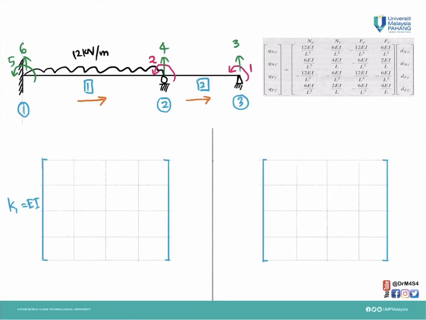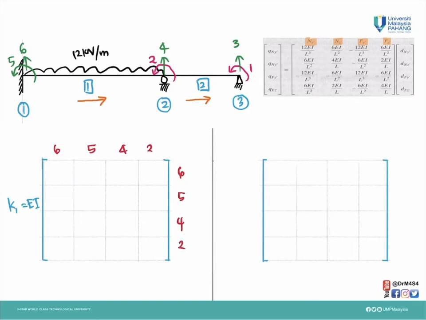For member 1, always remember our near Y, near Z, for Y and for Z. So now we have to do numbering. For near Y, 6, 5. For member 1, 6, 5, 4, 2. 6, 5, 4, 2.